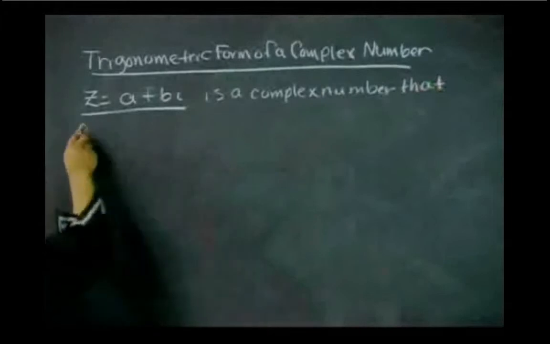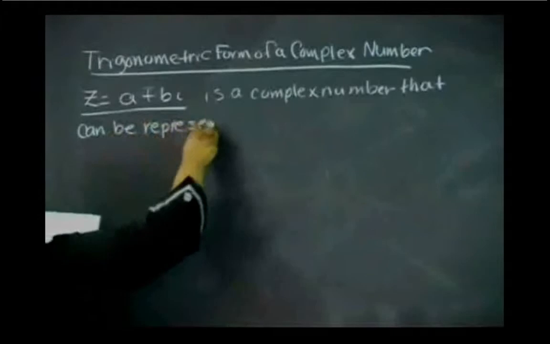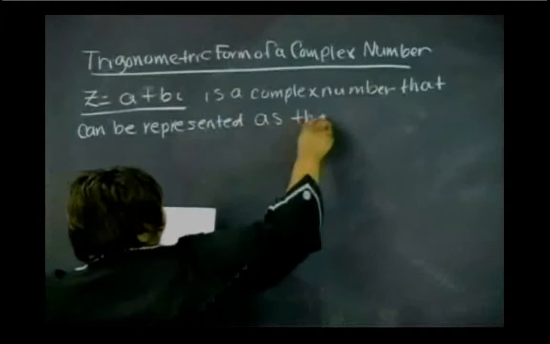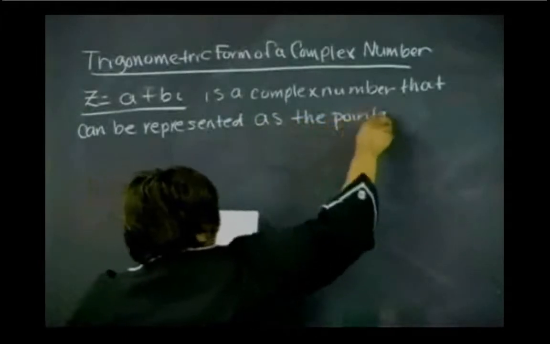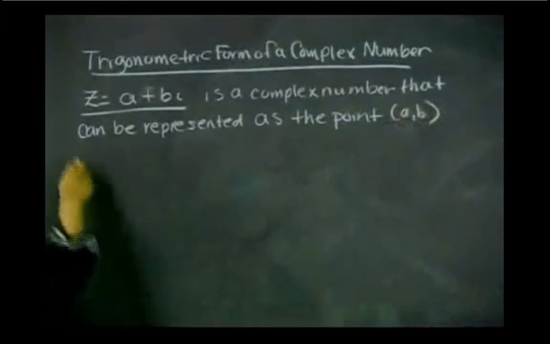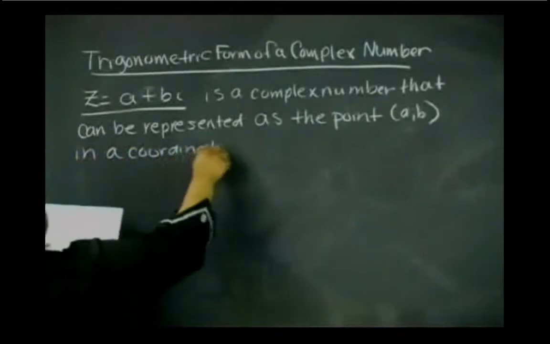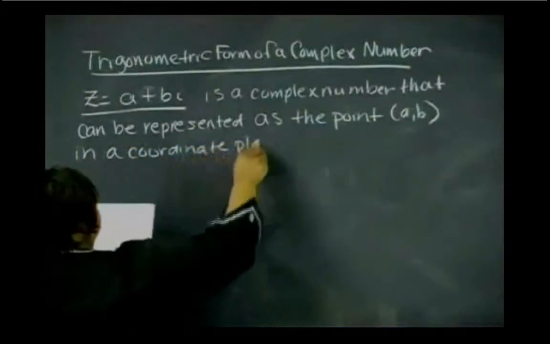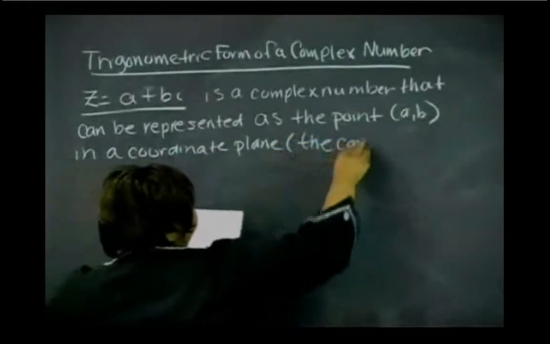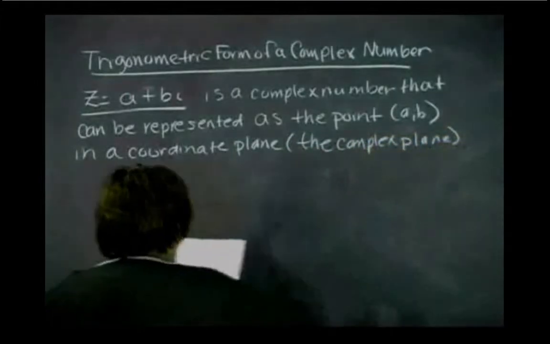That can be represented as the point (A, B) in a coordinate plane, also known as the complex plane.